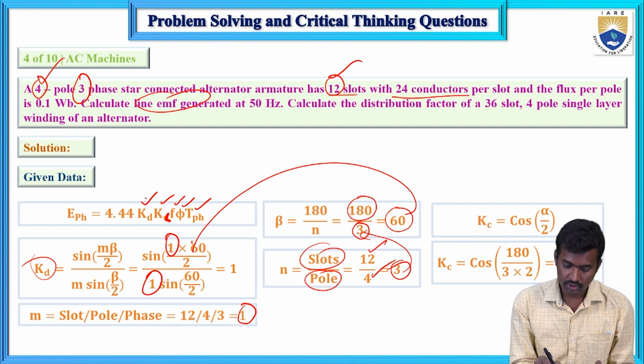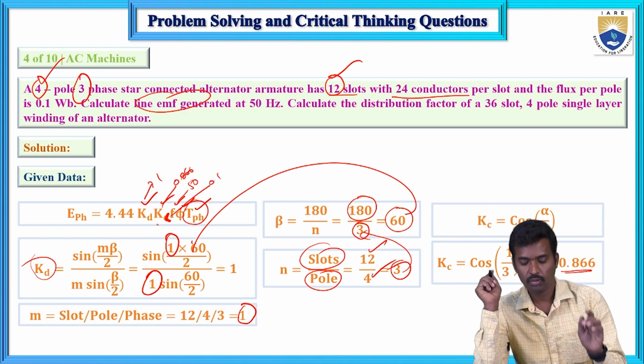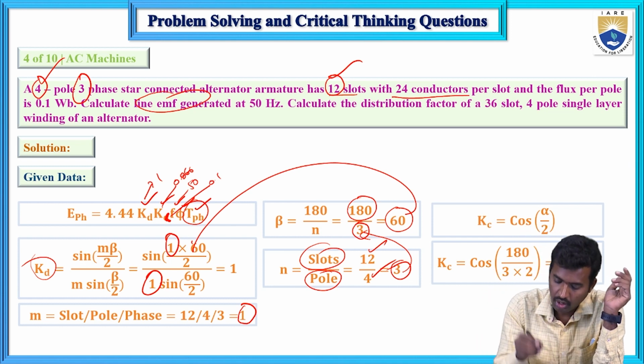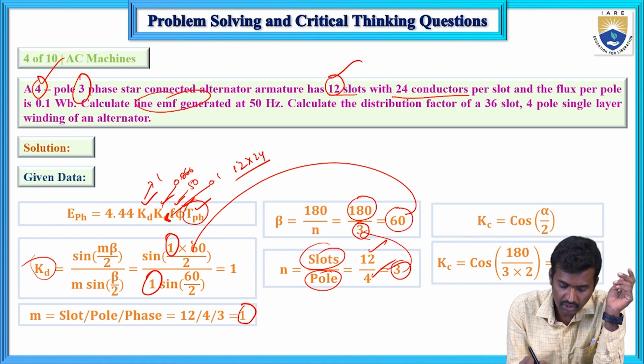We have KD equals 1 and KC equals 0.866, F equals 50 and flux equals 0.1. What about turns? The number of turns equals 12 into 24 divided by the number of poles, and then per phase. So T phase equals 96.